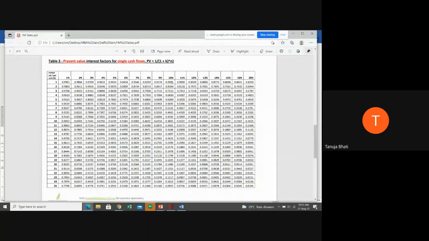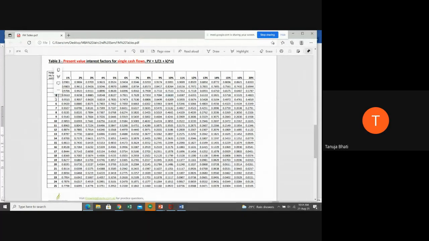Now, table number 3, I will take for 10%. These values as it is, I write for year 1, 2, 3, 4. Now, students, for the year 4, we have two values. One is 5000 and one is 2000 scrap value. Should I write the same factor for both the values? Yes, because it is for the fourth year.